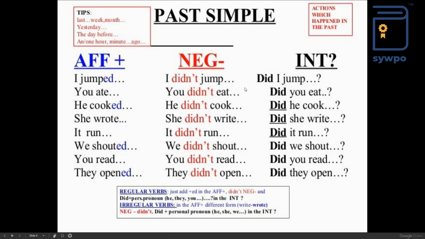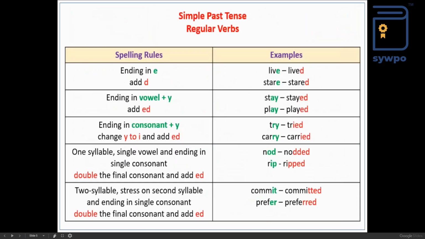Okay, let's move to the next slide. Here we are. This is the important part, because if you don't learn the verb forms, I'm afraid you will have problems writing in past simple or in present continuous. In fact, you will have problems writing in any tense. That's why you should learn the verb types and how the verbs are formed.